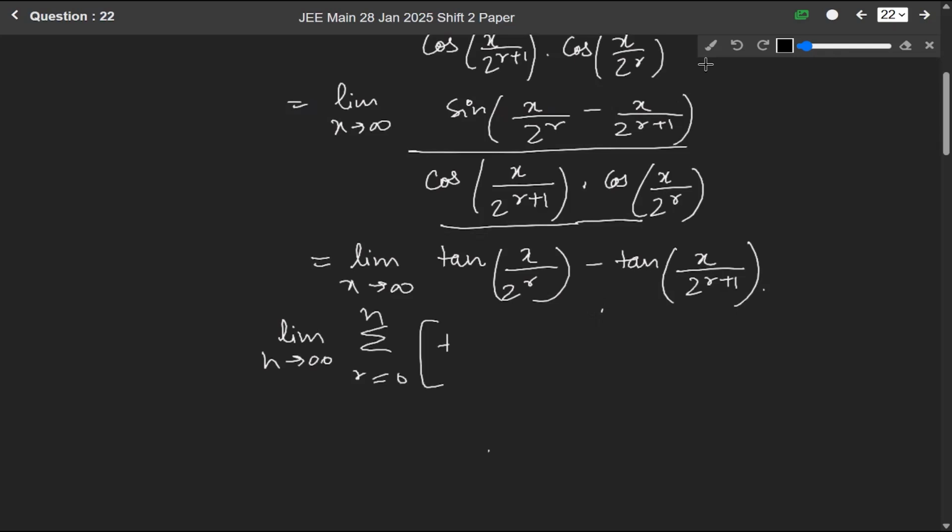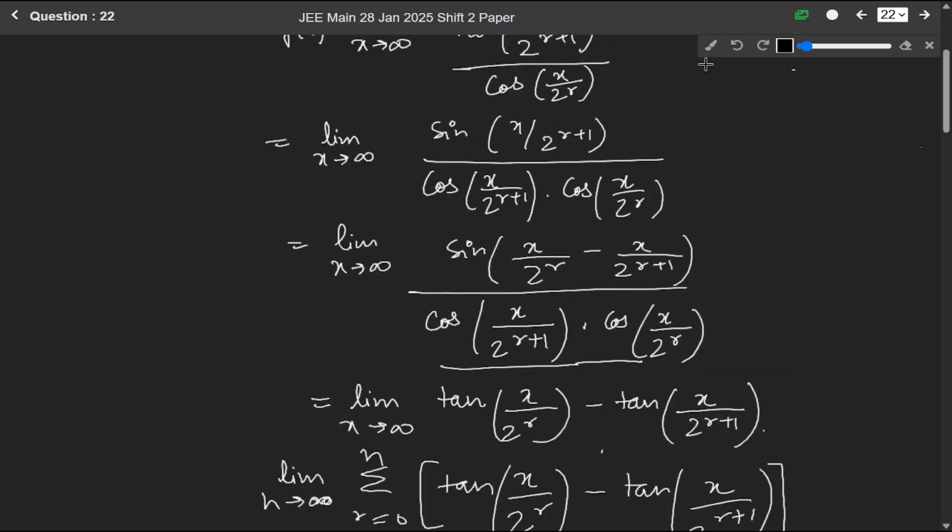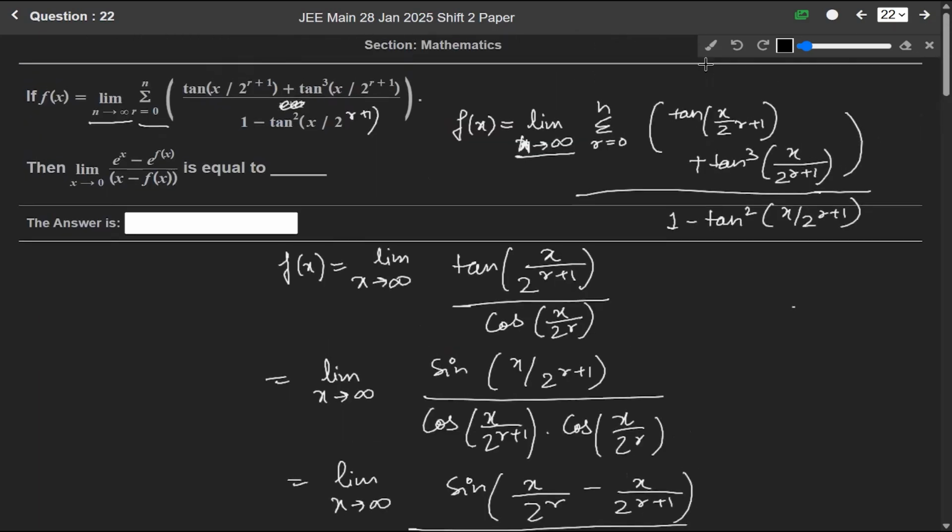So we can write it as tan x over 2r minus tan x over 2r plus 1. And if n tends to infinity here and r equals 0 to n, it will eventually be equal to tan x. Okay.